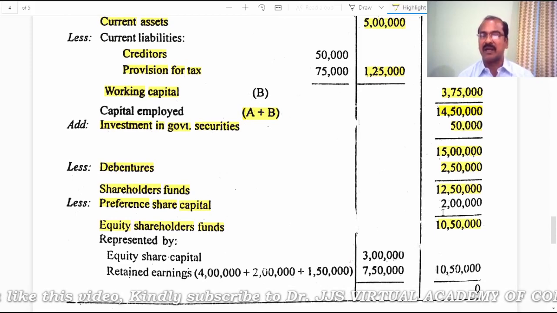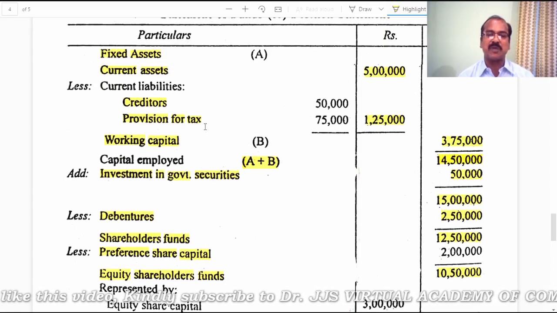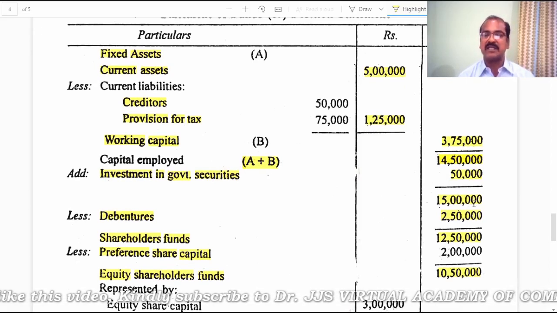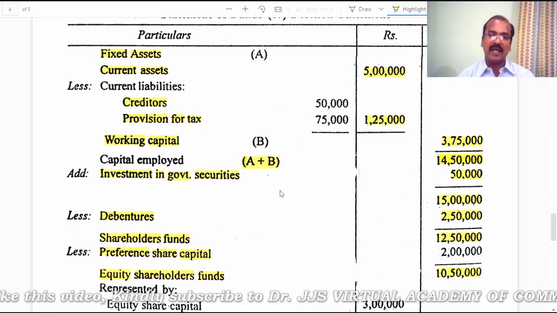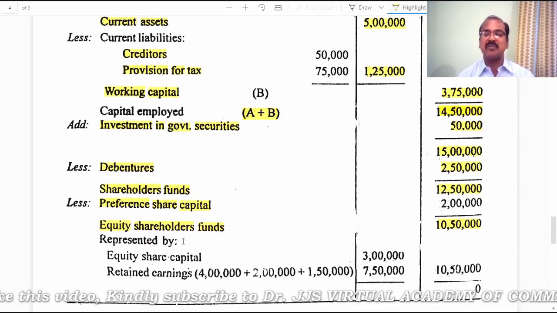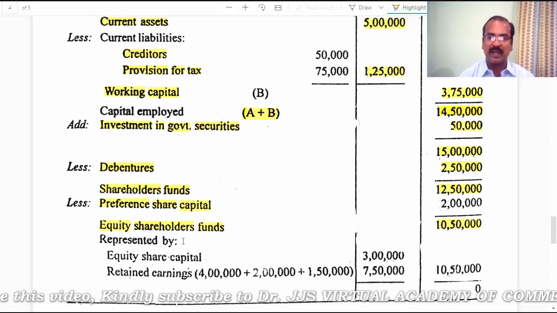Please understand what I am explaining. Whatever the way by which you calculated here, fixed assets plus working capital plus the investment done outside the business is the asset side approach of calculating total capital employed. Whereas the second part of this calculation explains how the same capital employed could be calculated using the liability side approach as well.